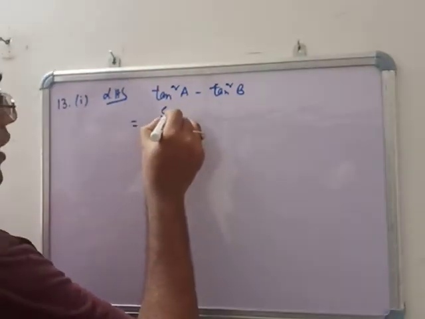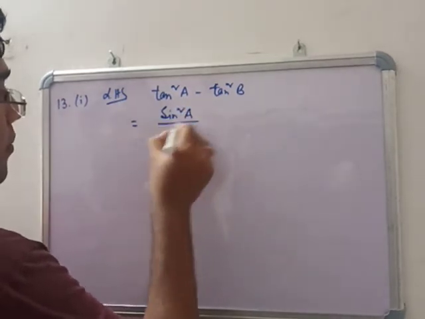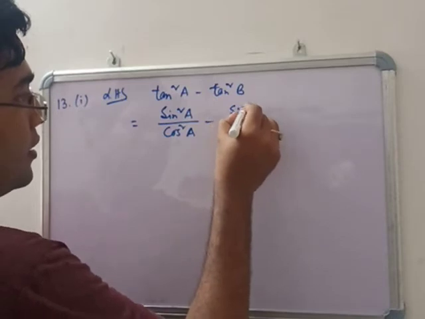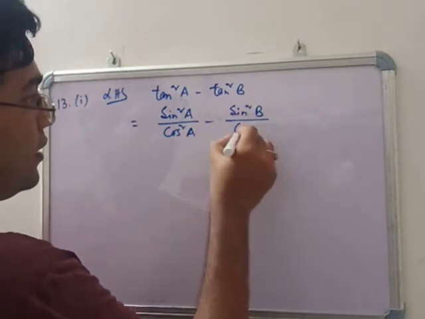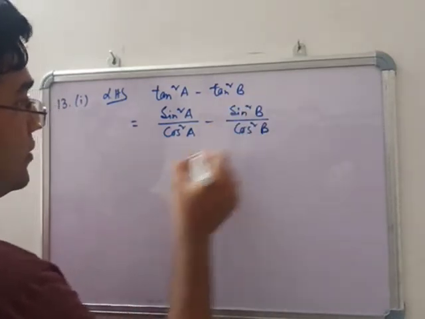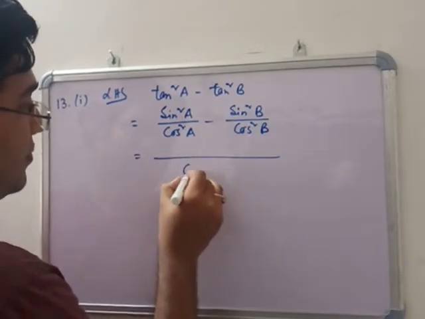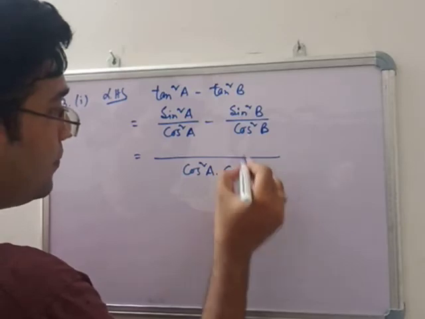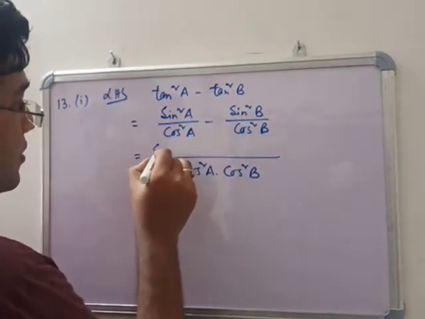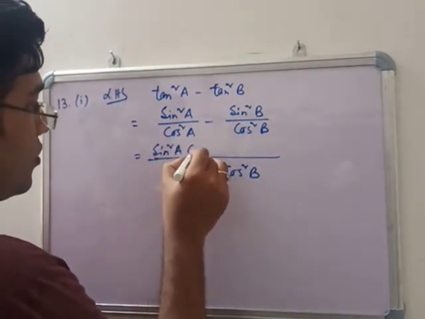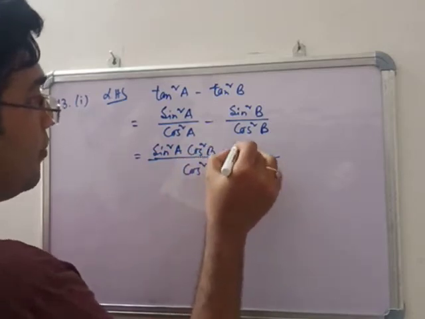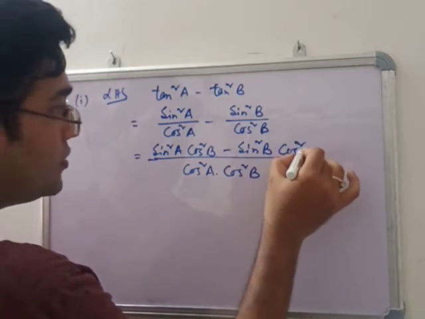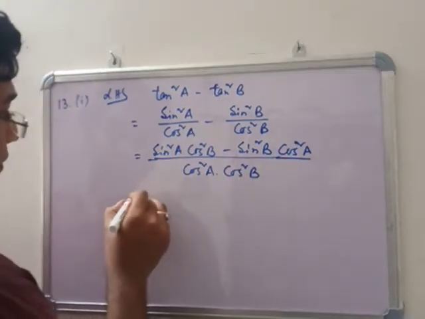So sine square A by cos square A minus sine square B by cos square B. So if we write the LCM, so cos square A into cos square B, sine square A cos square B minus sine square B cos square A.